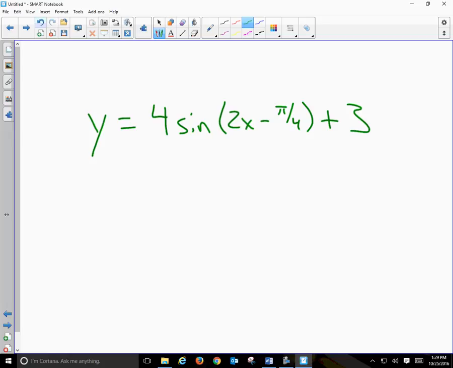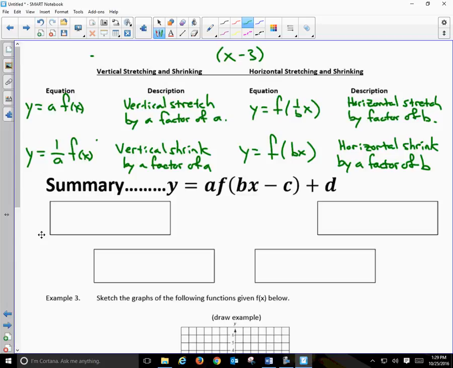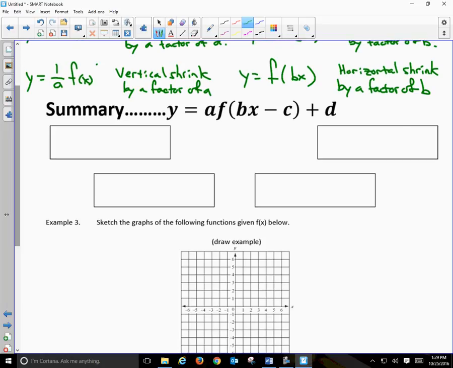But you have to be able to isolate the pieces. Again, outside is vertical, inside is horizontal. You can start to see what happens. You don't know what the sine function necessarily looks like, but let's just review. If it's on the outside, what will it do? Verticals, yep.